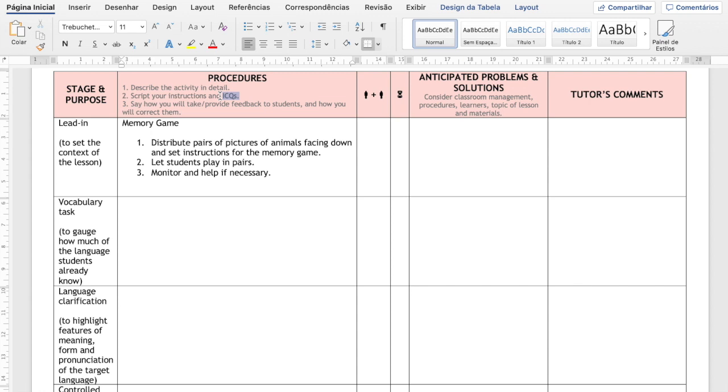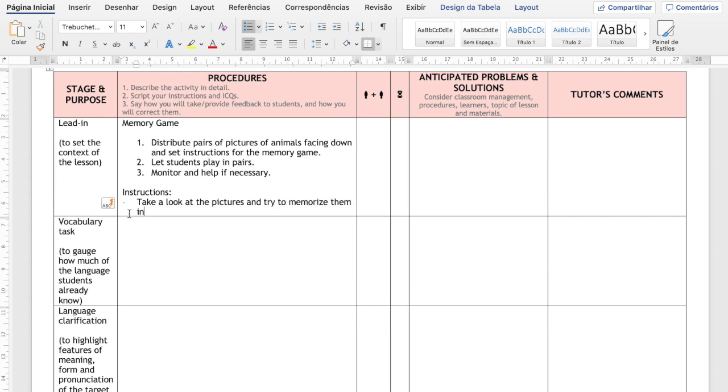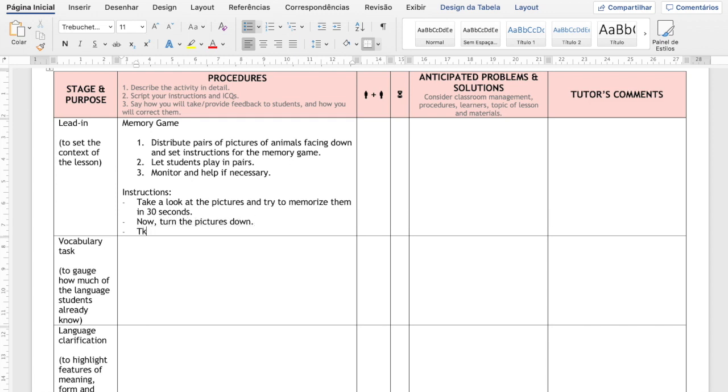Then the next thing you have to do is script your instructions and ICQs. So here you actually have to write what you're going to say. So my instructions would be, take a look at the pictures and try to memorize them in 30 seconds. Now, turn the pictures down. Take turns. One student selects 2 pictures and turns them up.